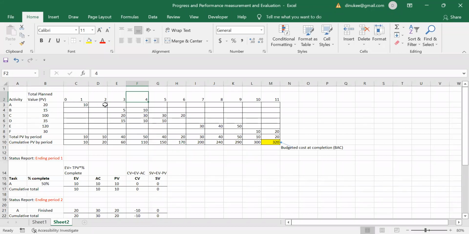So the activity A is already completed when I am here for the ending period 4. And when I am here for the ending period 4, can you see the B activity is also now going to complete. That's why for the activity A and for the activity B, the percentage complete is now finished.